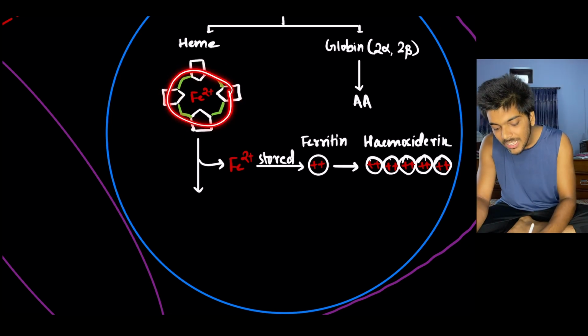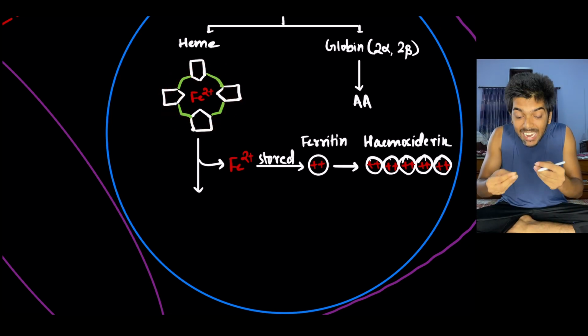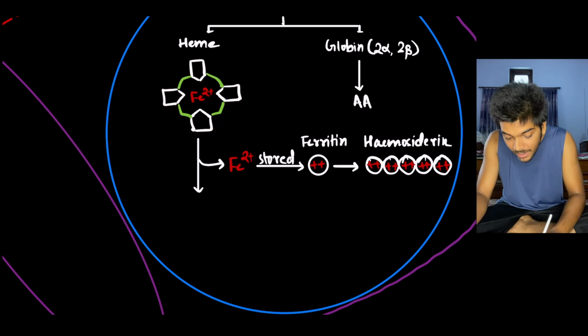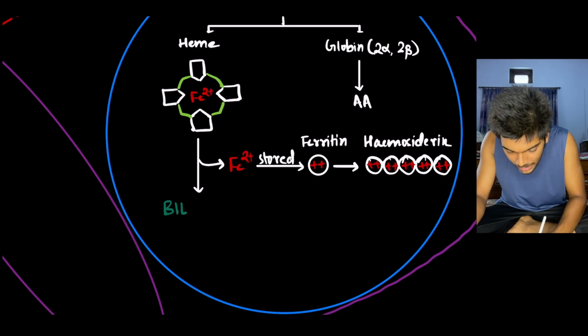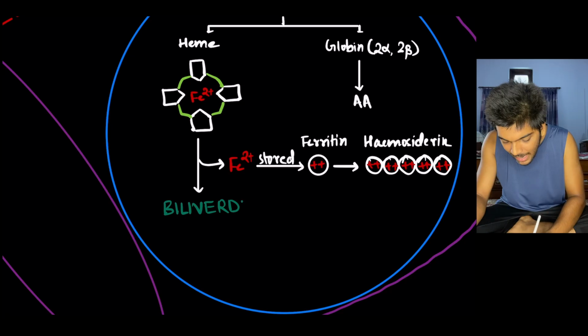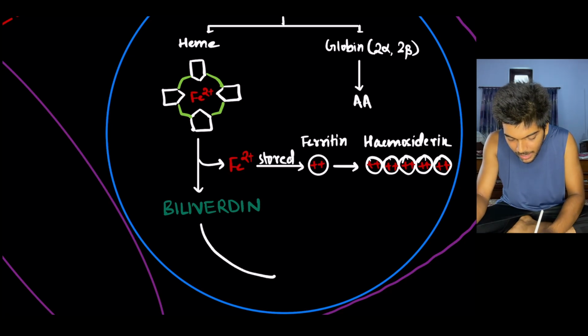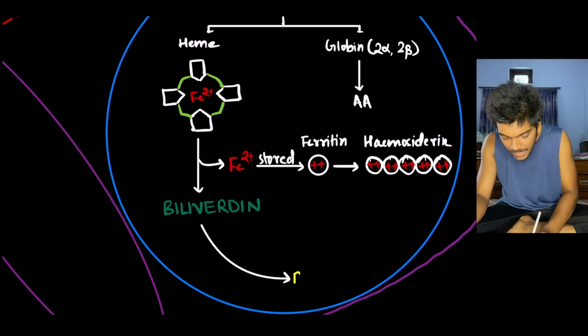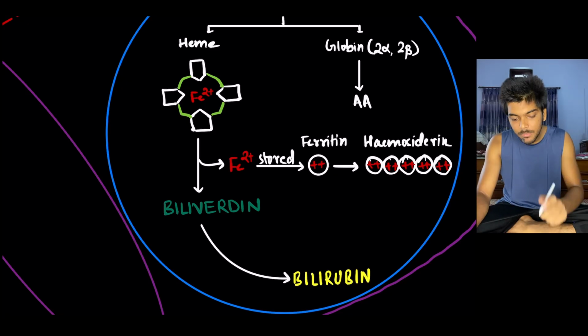Okay. Now what remains? What remains is the ring of the heme of hemoglobin. The ring of the heme of hemoglobin gets degraded, and what we get is biliverdin. And then this biliverdin gets reduced, and what we get is bilirubin. Now there are 2 enzymes required here.